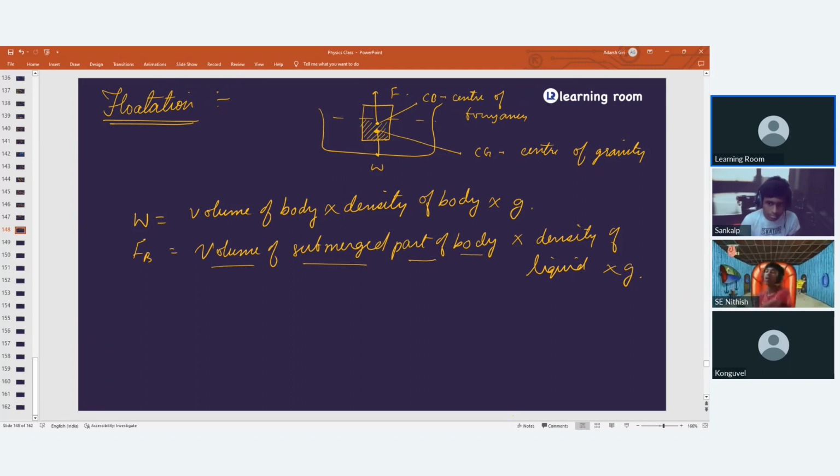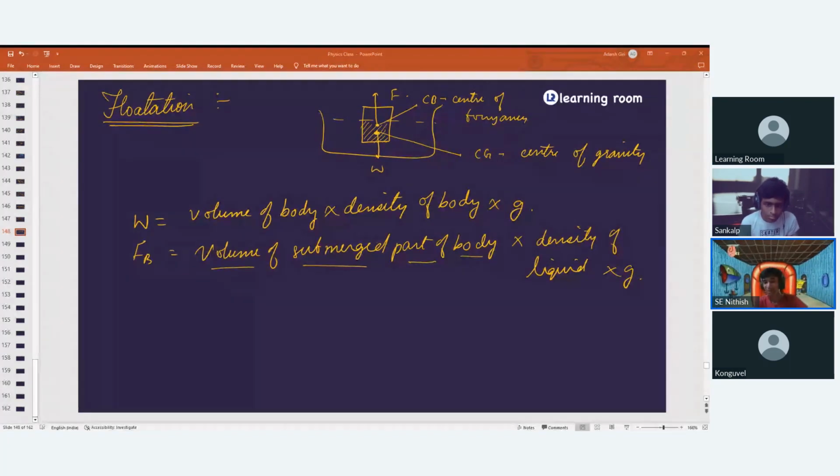Why? So because density of liquid into... okay, I don't know. You can tell me. Why are we taking volume in calculating the weight of the body? What we did: we took the volume of the body, we took the density of the body, into g. Mass equals volume into density, sir.